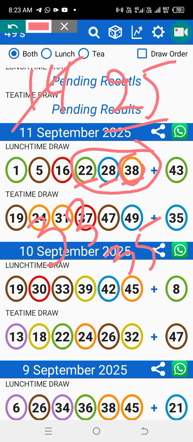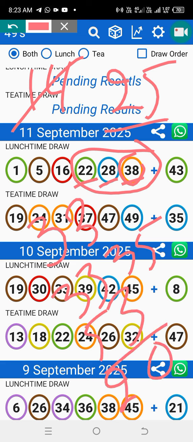Then we have 25, 35, and this one also you take 35 and 33, and the minus 53. So when we do minus, it's going to be 20. So we have 20, 25, 35 and 33.